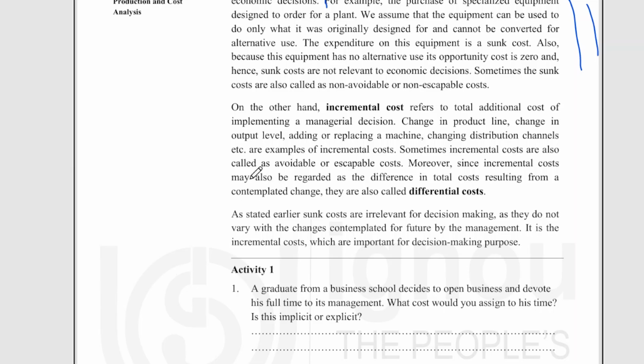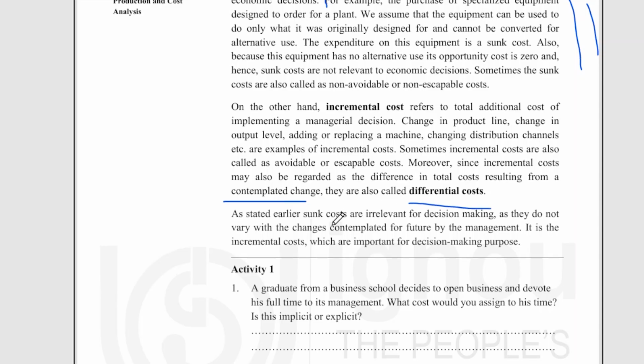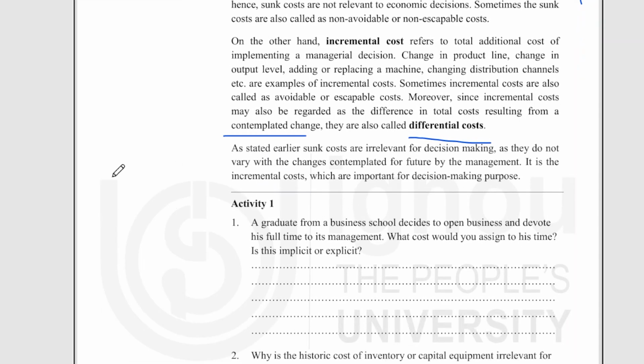Moreover, since incremental cost may also be regarded as the difference in the total cost resulting from a contemplated change, they are also called differential cost. As stated earlier, sunk costs are irrelevant for decision making as they do not vary with the changes contemplated for the future by the management. It is the incremental cost which is important for decision making purposes.